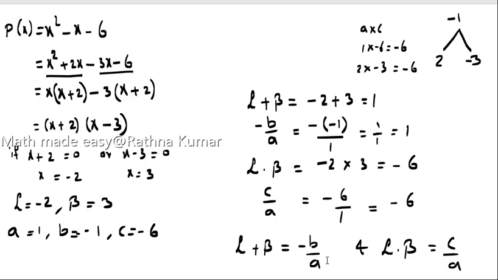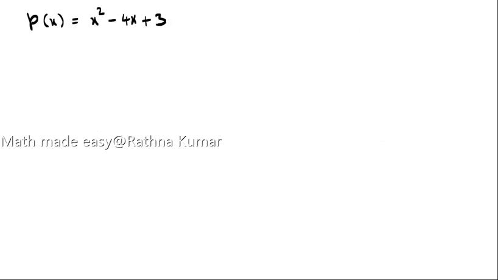For the same, we will try with another example. Next example is p of x equal to x square minus 4x plus 3. Coefficients: a is equal to 1, the x square coefficient; b is equal to minus 4, the x coefficient; and the constant c is 3. So we will try to split the middle term, minus 4.